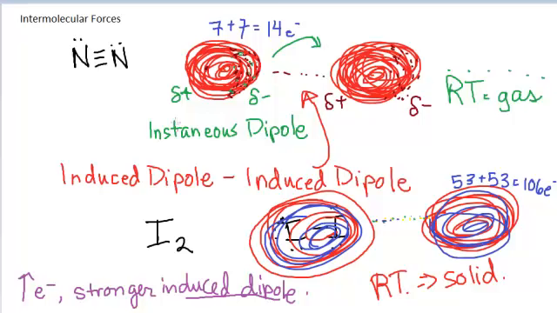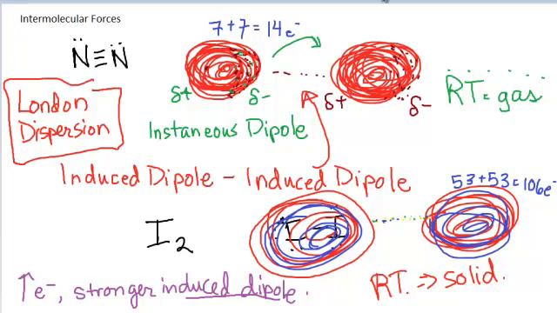All right, to wrap up these induced dipole forces, we have another way to name them. These are also known as London dispersion forces. Another name for instantaneous dipole forces or induced dipole forces is London dispersion forces. And just to make matters more complicated, sometimes we simply refer to them as London forces.